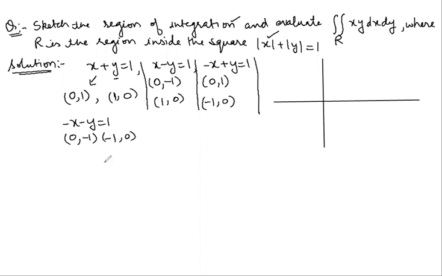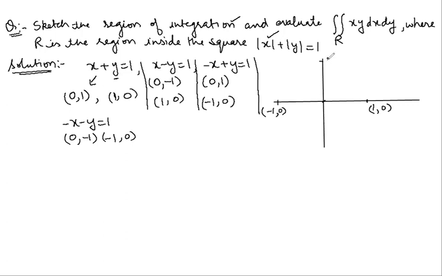So I will plot all the points here. You can see that all these combinations are just 0, 1, 0, minus 1. So this is minus 1, 0, this point, right? And this point is 1, 0, and here I will have minus 1, 0.